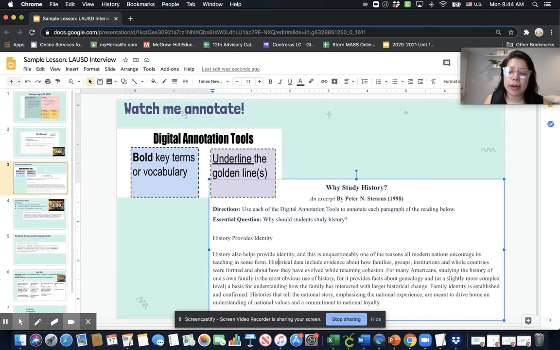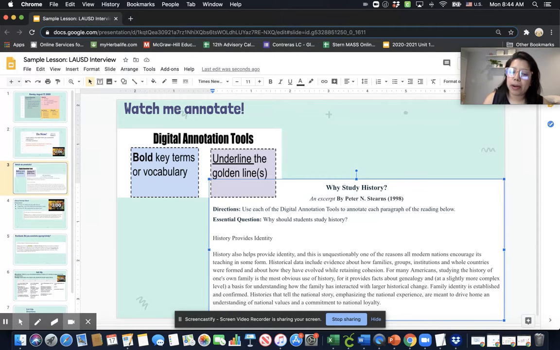For many Americans, studying the history of one's own family is the most obvious use of history, for it provides facts about genealogy, and, at a slightly more complex level, a basis for understanding how the family has interacted with larger historical change.